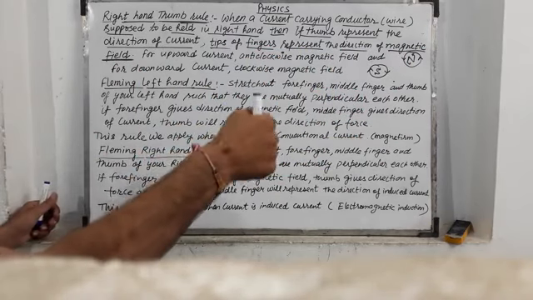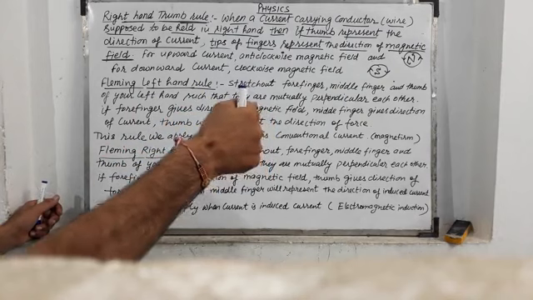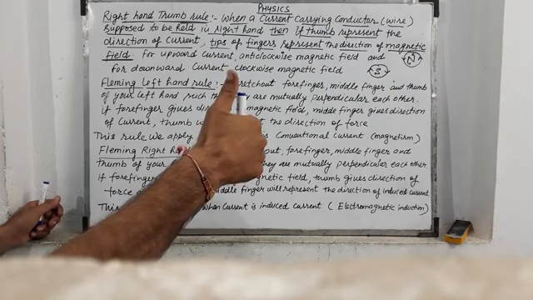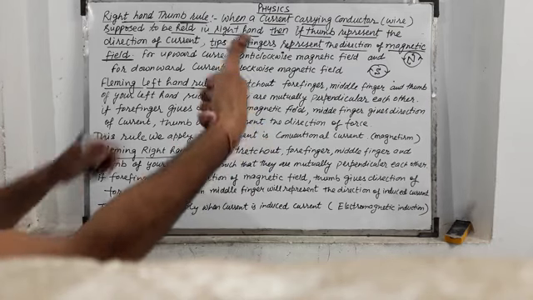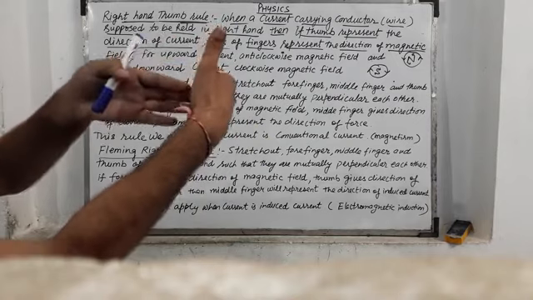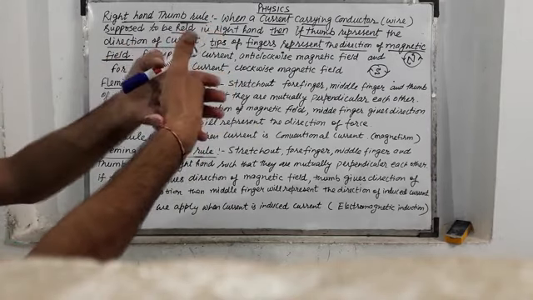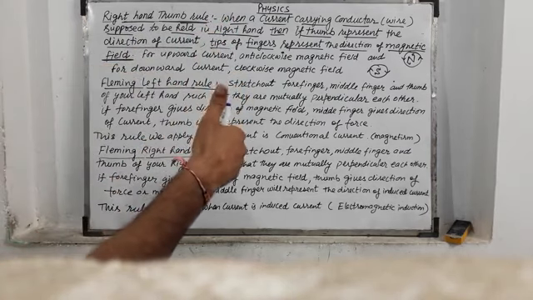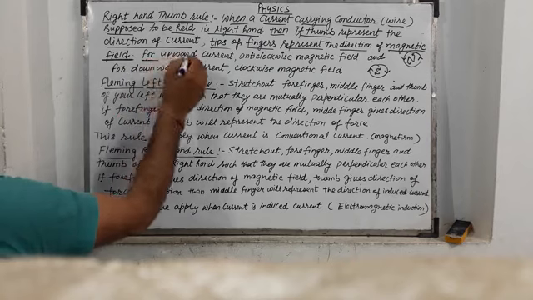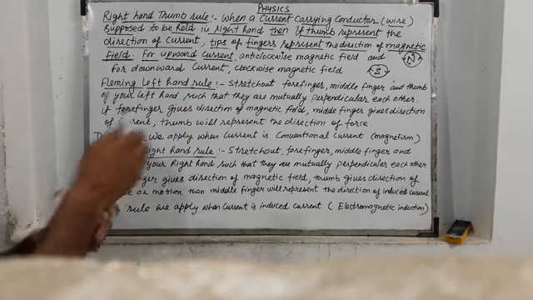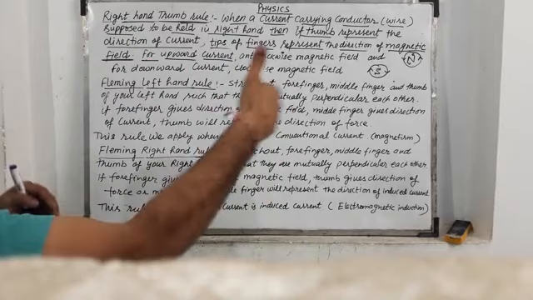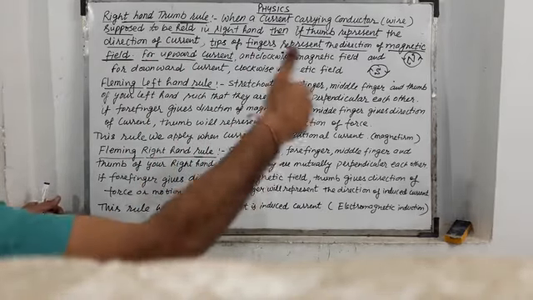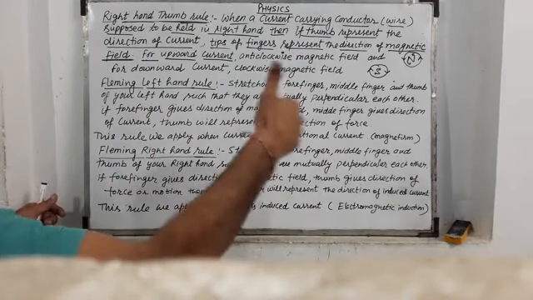This marker is like a wire or conductor. If the thumb represents the direction of current, then the tips of the fingers, this direction, is the direction of magnetic field. For example, when the current is in upward direction, this is anti-clockwise direction.